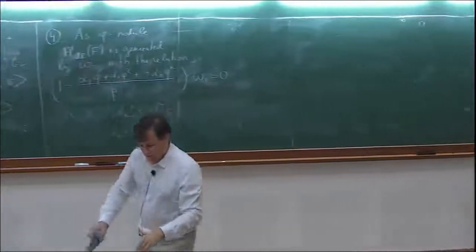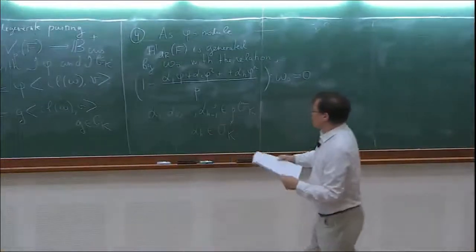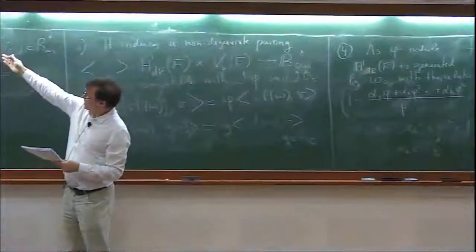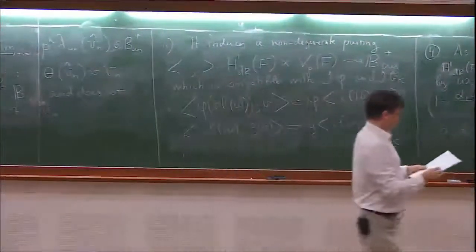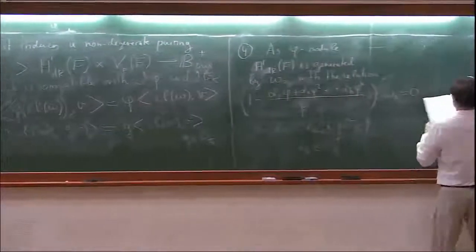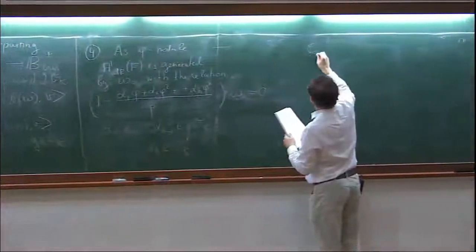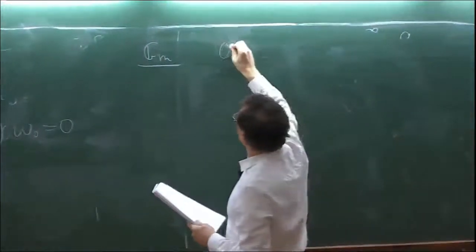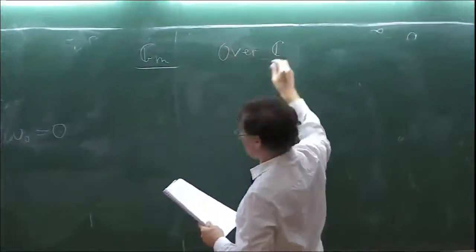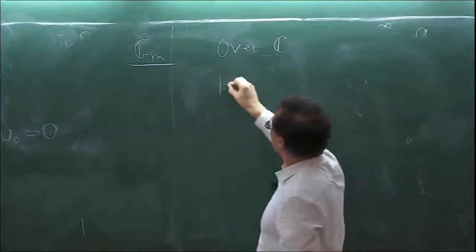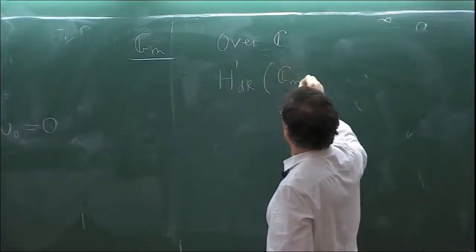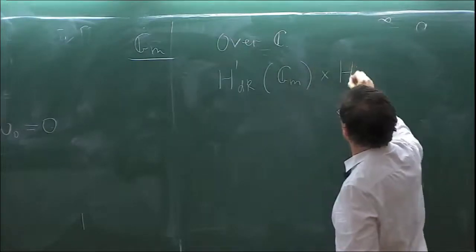So maybe I will just comment on this definition of a p-adic pairing. If we test it on the example of the multiplicative group over C, we have a complex period pairing.